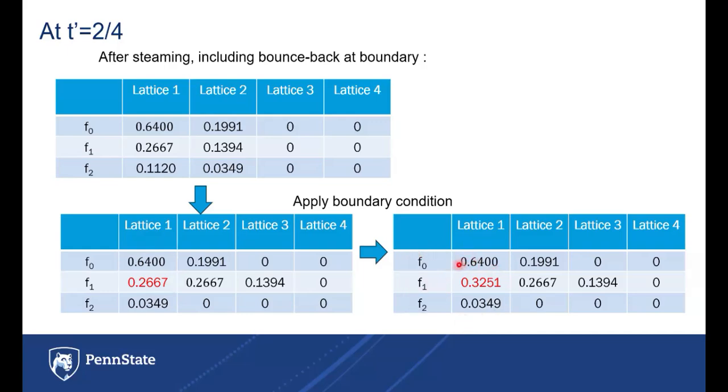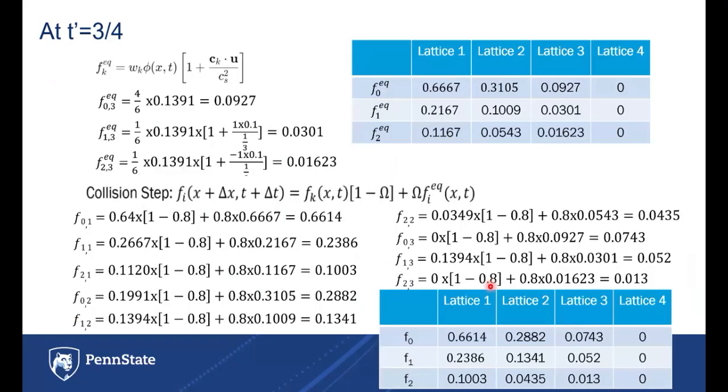Remember that we have a constant temperature at the left boundary, so this value should sum up to 1. So we can calculate the f1 value here, and then we came to the third step.